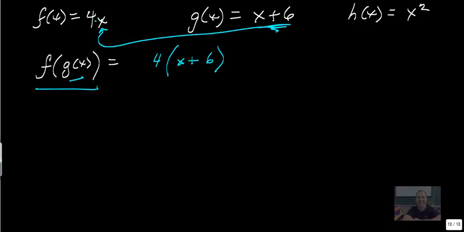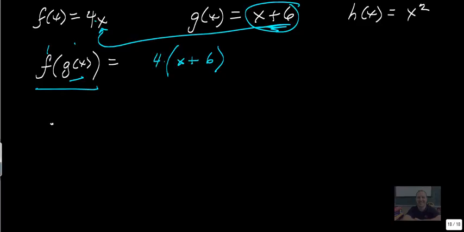When you substitute another function into here, the result is multiplication. But composition doesn't mean multiplication. In this case, you are multiplying 4 times the other function. We're just substituting, exactly. Instead of f of x, it's f of g of x. So instead of 4x, it's 4 times x plus 6. Substitution. Okay, good.